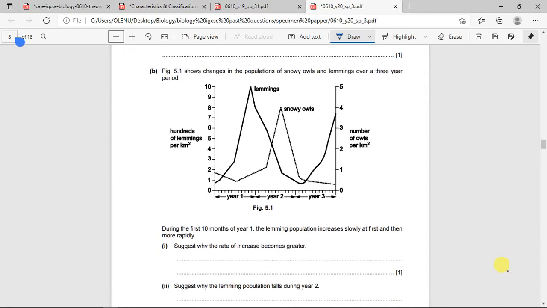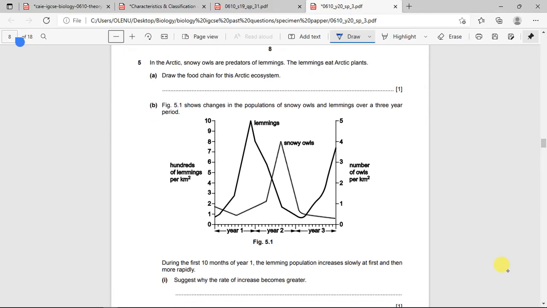Now, next, say in the Arctic, snowy owls are predators of lemmings, and the lemmings eat Arctic plants. Draw an Arctic food chain.